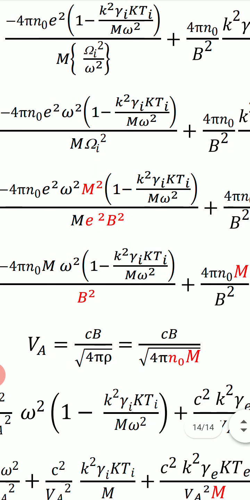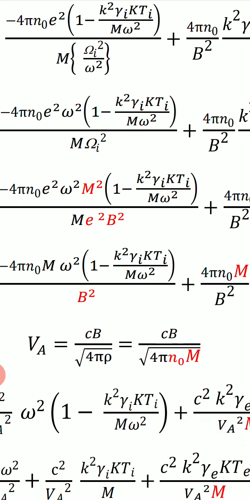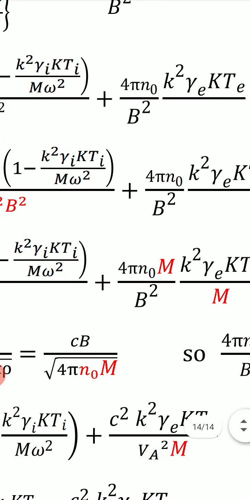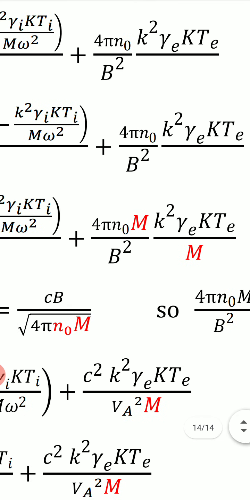write the value of omega I. Omega I is EB upon capital M, ion cyclotron frequency. Put this value of omega I. Second term remains the same.